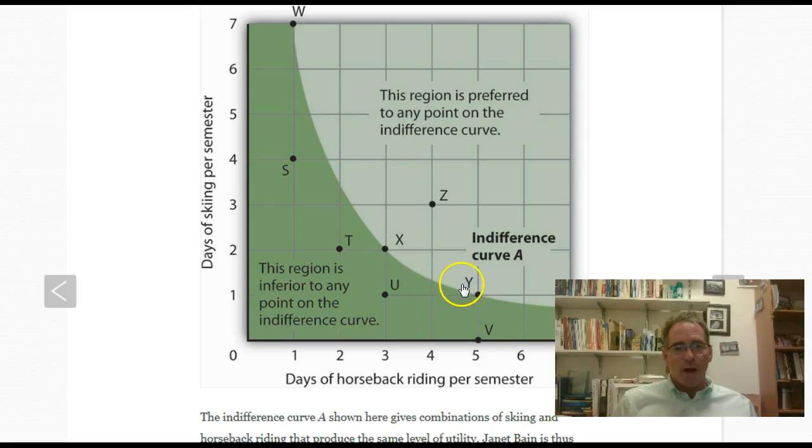So X and Y are equal utility. All right, they don't cost the same, but they're equal utility. Okay, any region out here like Z is preferable to any region on the indifference curve, and any region inside the indifference curve is less preferable than anything on the indifference curve.